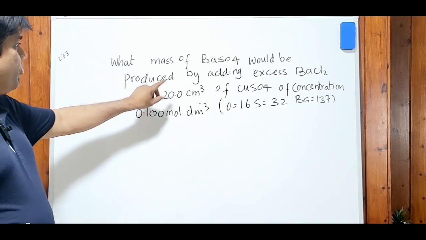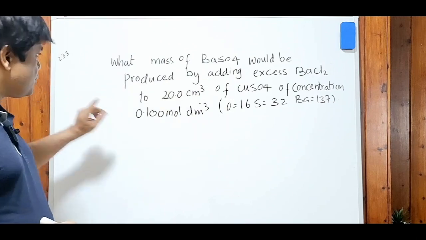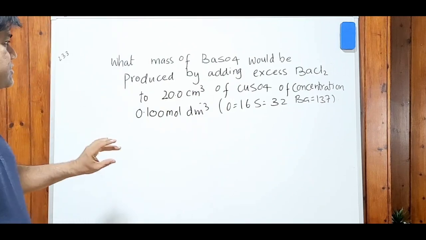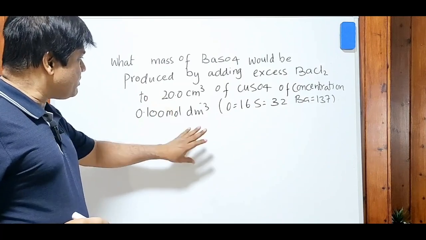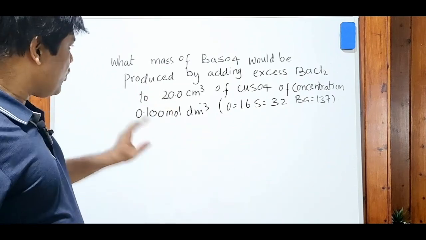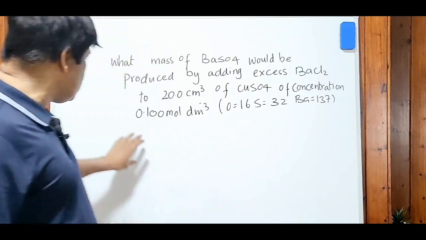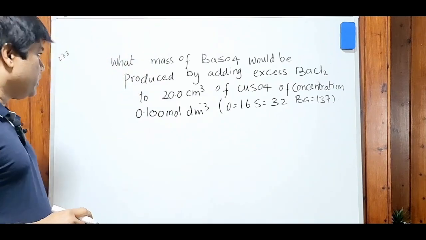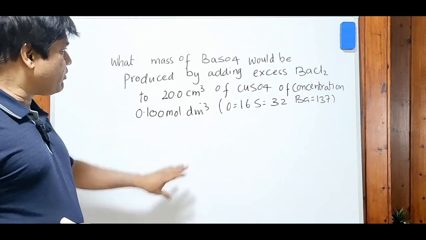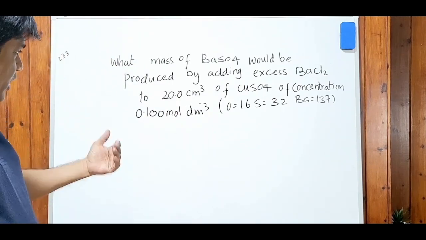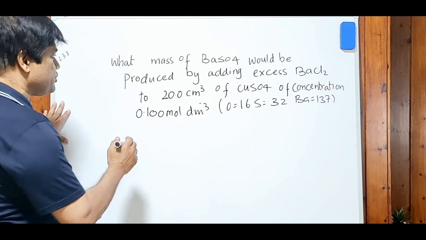What mass of barium sulfate would be produced by adding excess barium chloride to 20 centimeter cube of copper sulfate of a concentration 0.1 mole? Okay, whenever this type of question is given, we have to write its balanced chemical equation.